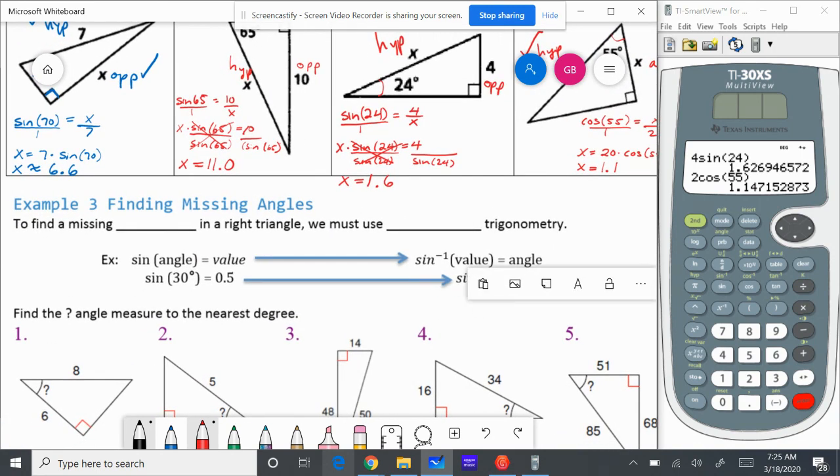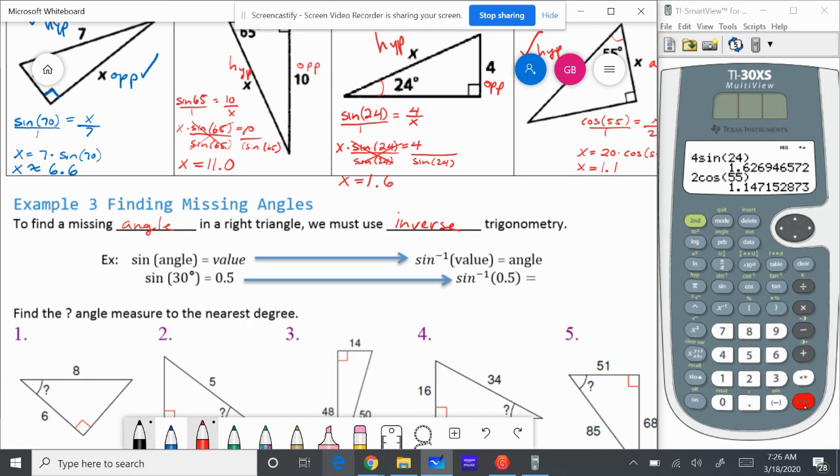Example 3. So now we're going to go into finding the missing angles. So to find a missing angle in a right triangle, we must use inverse trigonometry. Okay. So here's an example here.